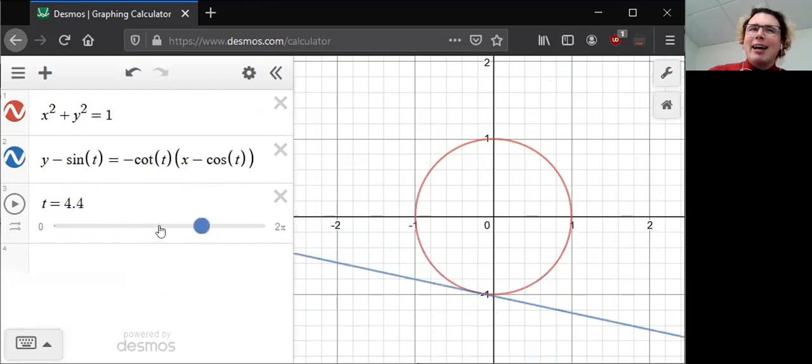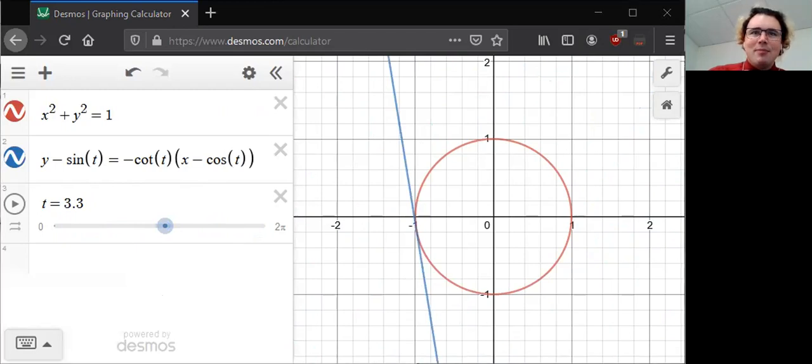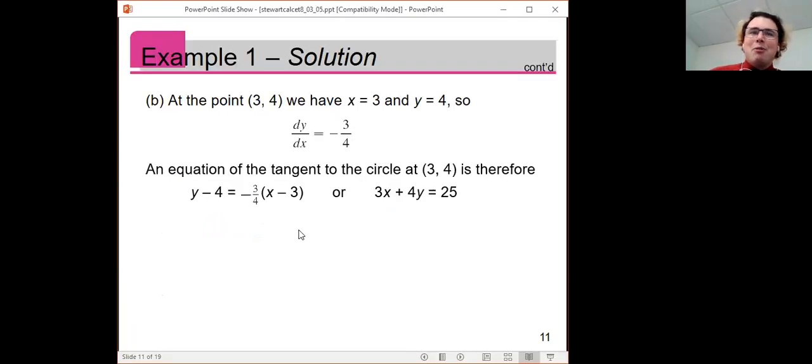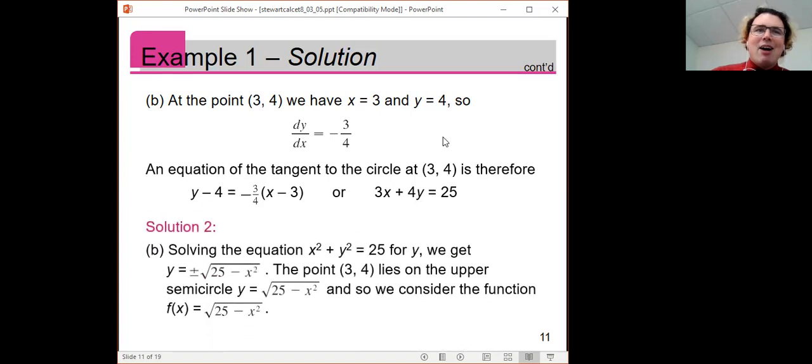And that is how I graphed this. So if you really wanted to, you could take this tangent line and rearrange, maybe call that 3x plus 4y equals 25. And that's going to be our tangent line.